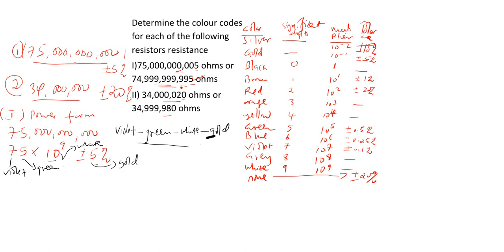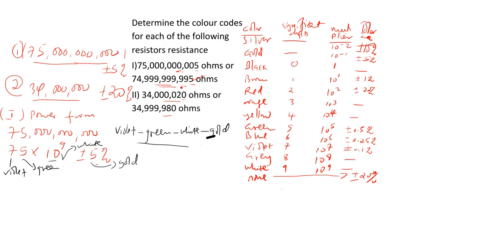Let's go to the second one, whereby we have said it is 4 million and a plus or minus 20%. In power form, this is 34 times 10 power 6 and a plus or minus 20%. So you read the first digit.